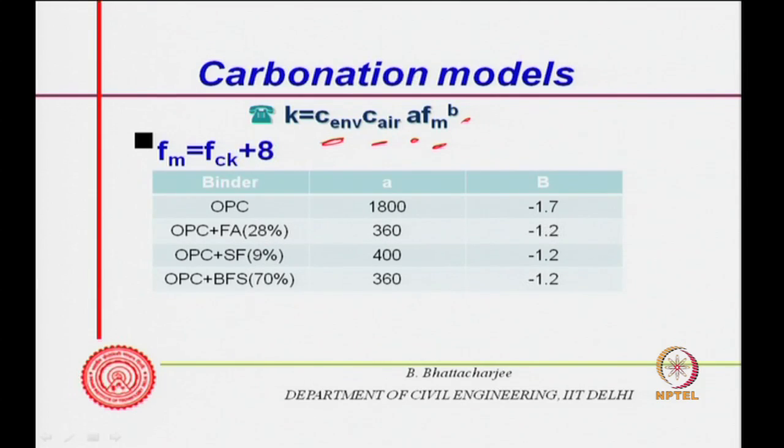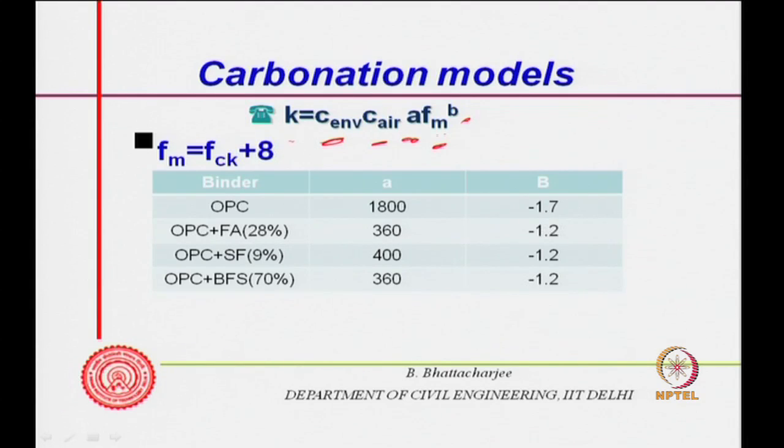A and B for different combinations of blended cementitious material and OPC are given. For example, for Fm to the power B, for OPC A is 1800. So, that means K will be higher, but B is also minus 1.7.